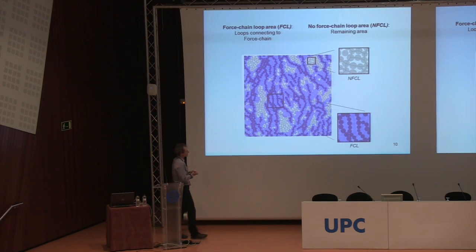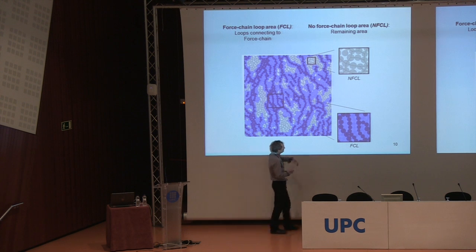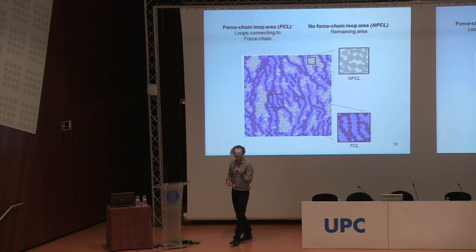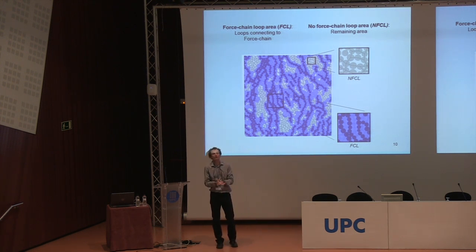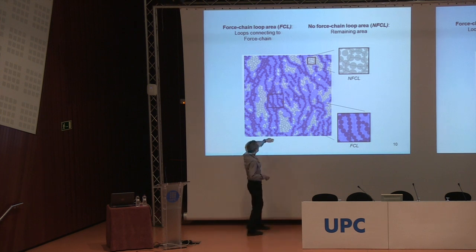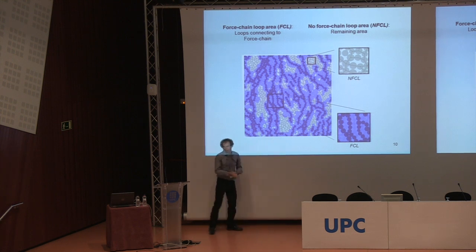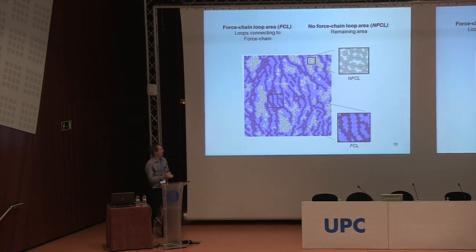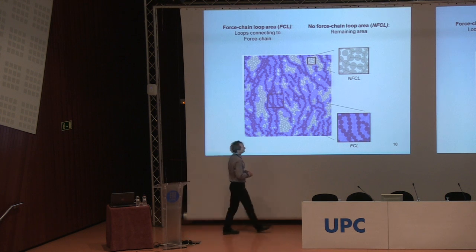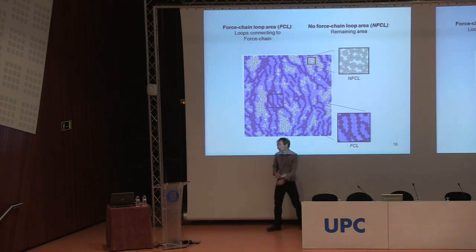And of course, what is very interesting for us are the loops in connection with 4-chains, because those are the loops that are going to play a role in the stabilization of the 4-chains. The loops in the gray part are not connected to 4-chains. So as a first approximation, we can ignore them, as they play no role in the macroscopic behavior of the specimen. In what follows, I will focus mainly on the loops connected with 4-chains.